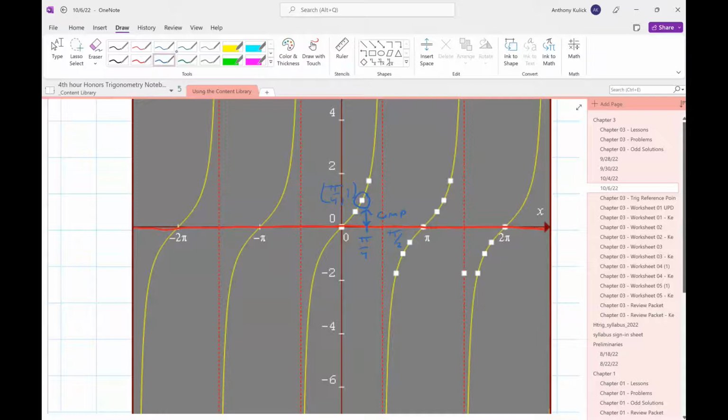So if we did the same thing over here, that distance is going to be kind of like the amplitude. Is everybody okay with that?